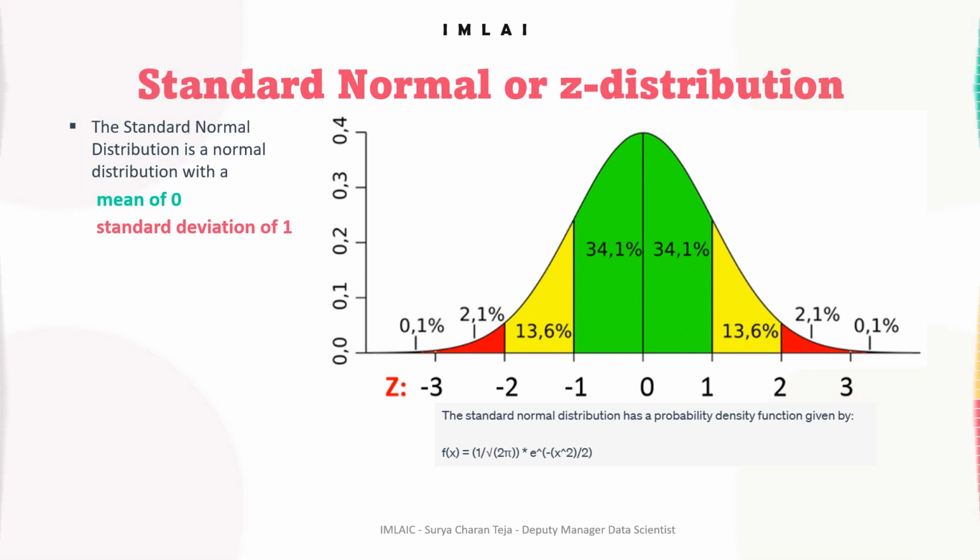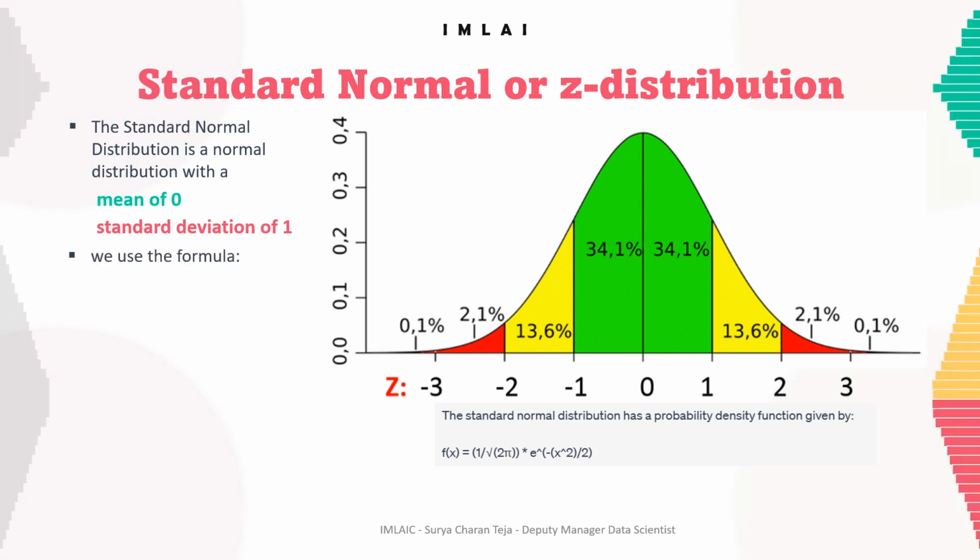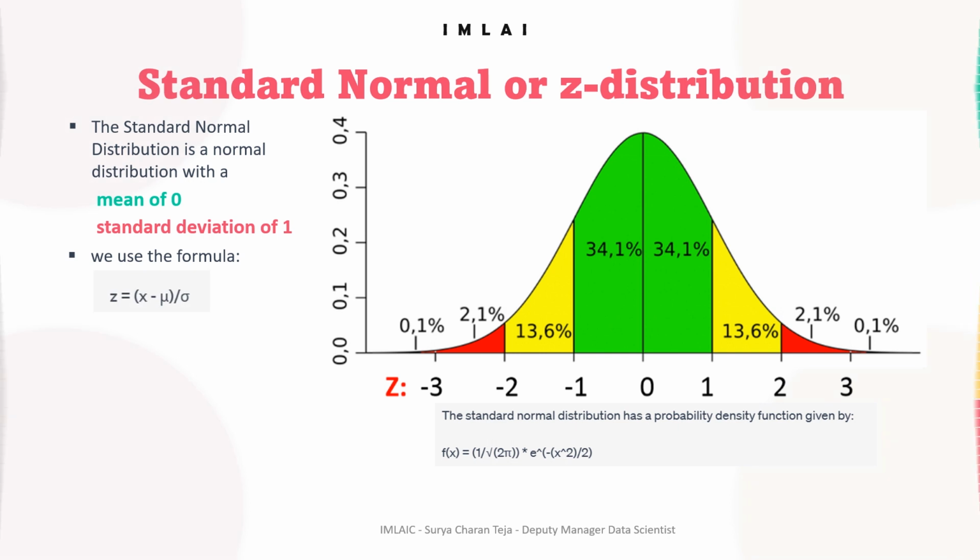Next, the standard normal distribution is important in statistics because it can be used to convert any normal distribution into a standard normal distribution or Z distribution, which simplifies many statistical calculations. To do this, we use this formula. Of course, you may know this formula because we have used it before in standardization and data transformation in descriptive statistics.